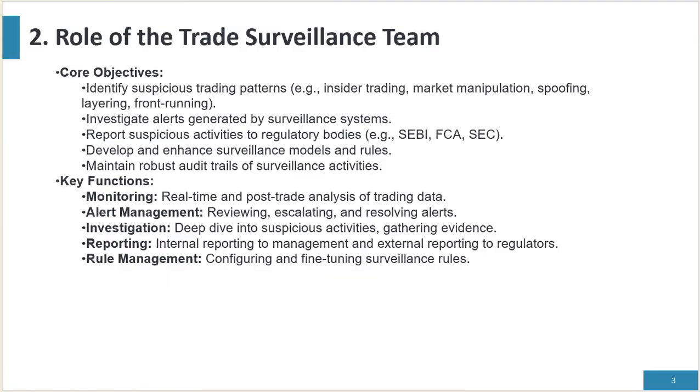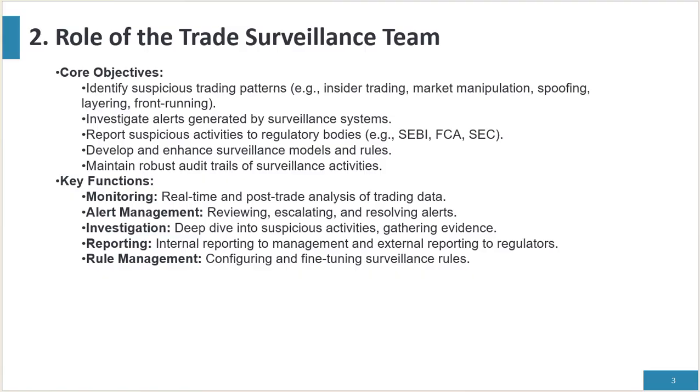That helps to identify the patterns in transactions, and then investigate the alerts generated by the surveillance system, and report the suspicious activities to regulatory bodies like SEBI, FCA, and SEC. They prepare the report documents, develop and enhance the surveillance models, rules and business logic, and maintain the reviews, audit trails and surveillance activities. So that's the core objective of the trade surveillance team.